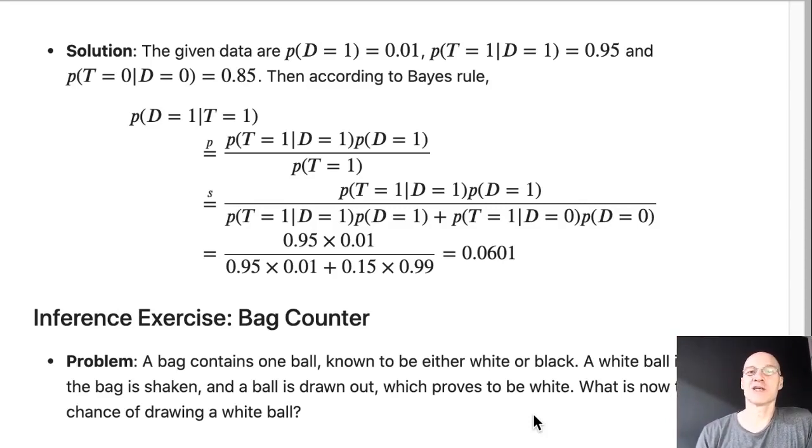It has to be white, right? So your knowledge about what the color is of that remaining ball in the bag changes over time as you do these experiments. And this again speaks well to this interpretation of probabilities as a state of knowledge rather than a property of nature.